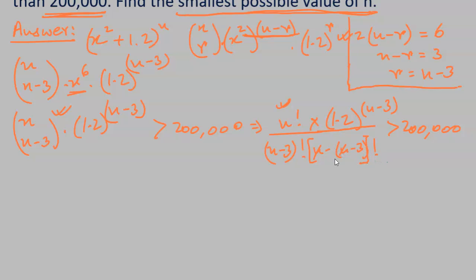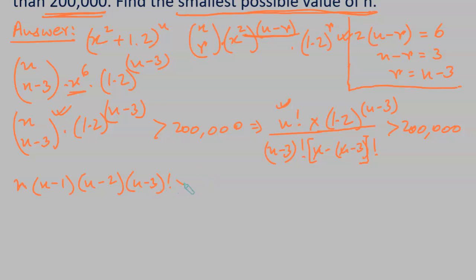So we can multiply both sides by 6. We will be expanding the n factorial, and it becomes n times n minus 1 times n minus 2 times n minus 3 factorial.